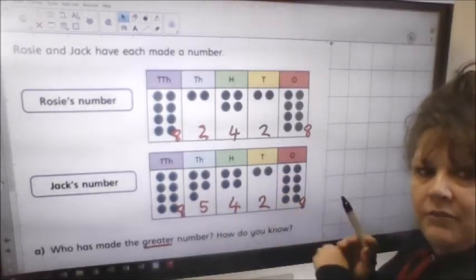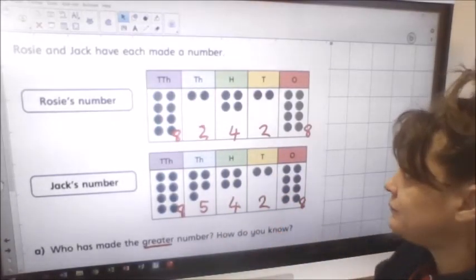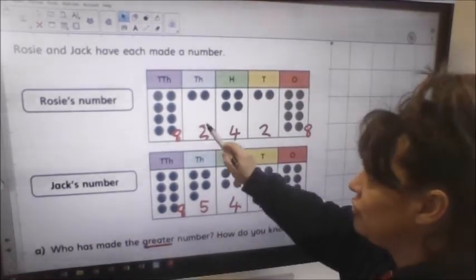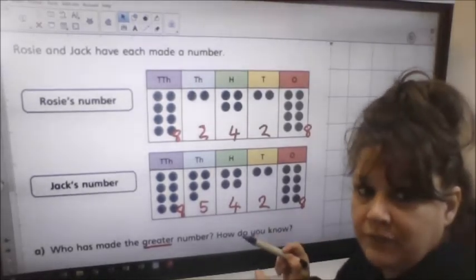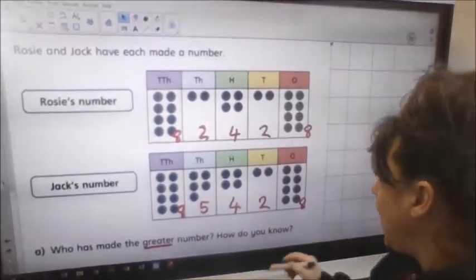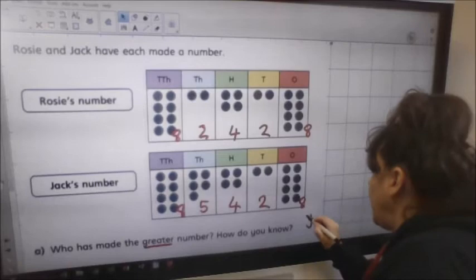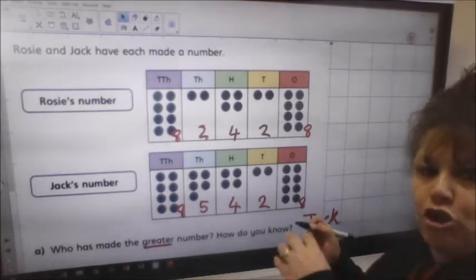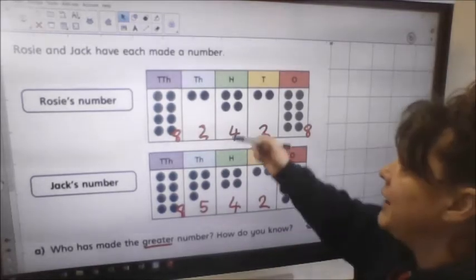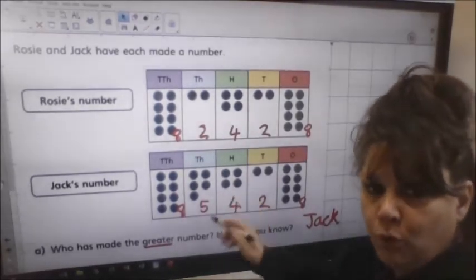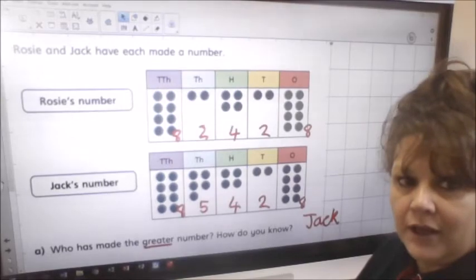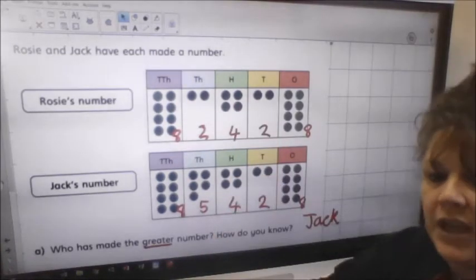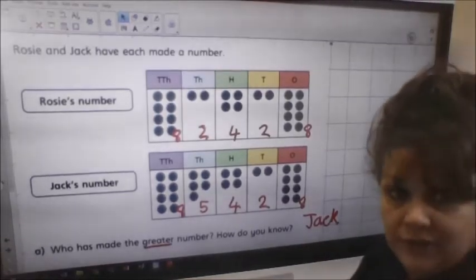So if we're comparing those numbers, then Jack's number has more thousands than Rosie's number. That's the only difference. So Jack has got the greater number. And it's because he has more thousands. Okay? 5,000 is bigger than 2,000, and that's what's making the difference.